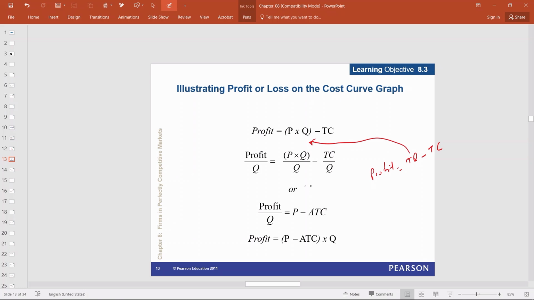If you rearrange these numbers, you will come to this formula. And you remember that total cost over Q is average total cost. So we either use this formula or this formula according to the availability of information. Okay.